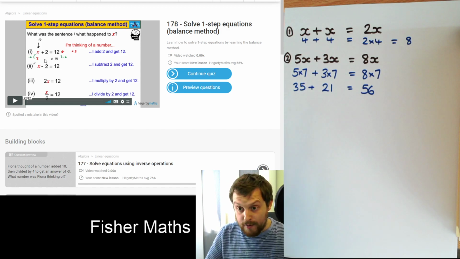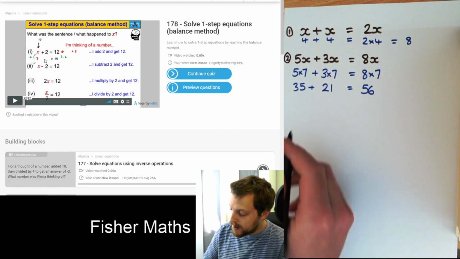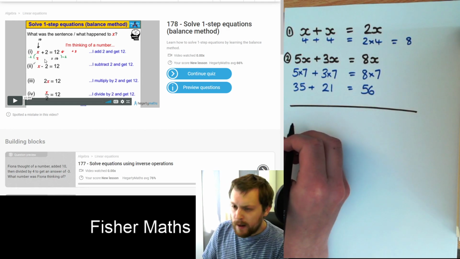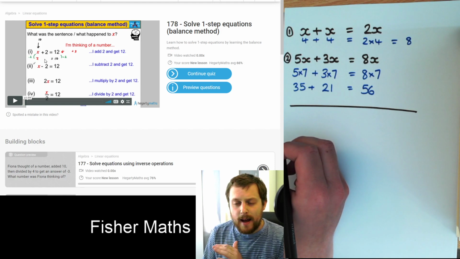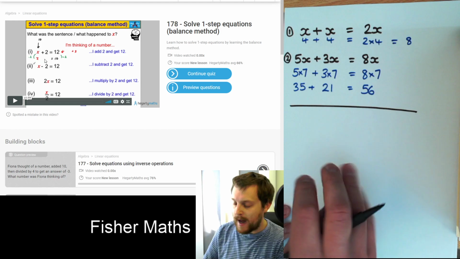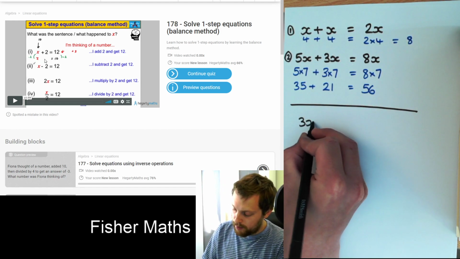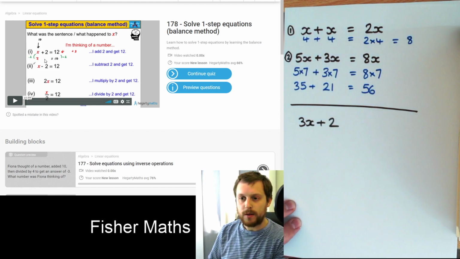Now another reminder that I want to give you before starting Hegarty task 178 is the difference between x terms and number terms in an expression. So if I take, for example, this expression, 3x add 2.